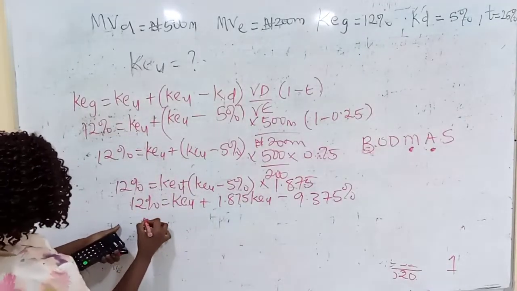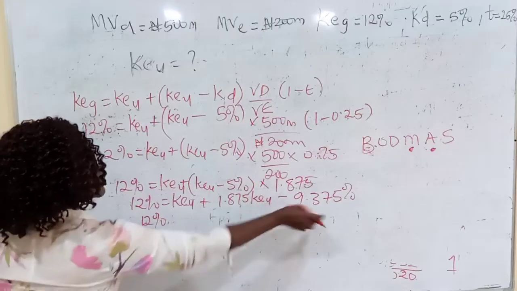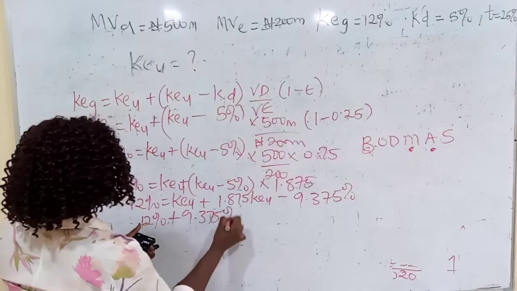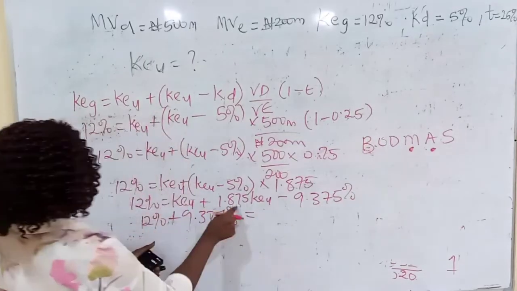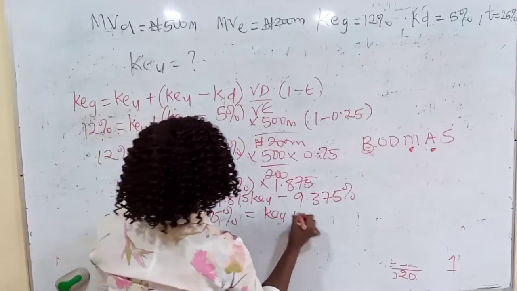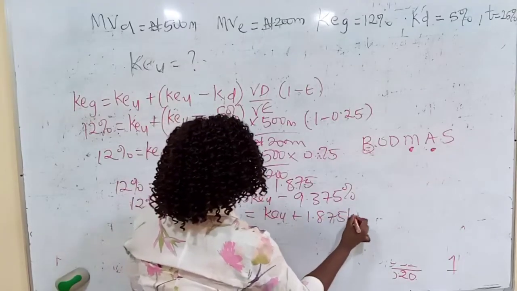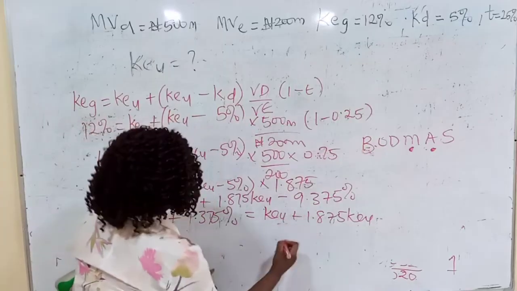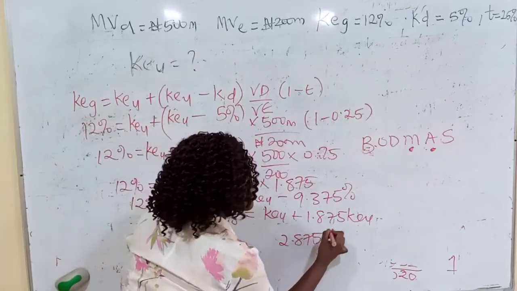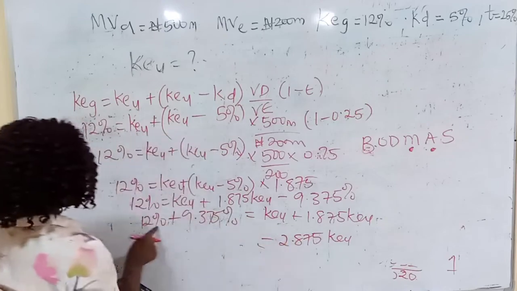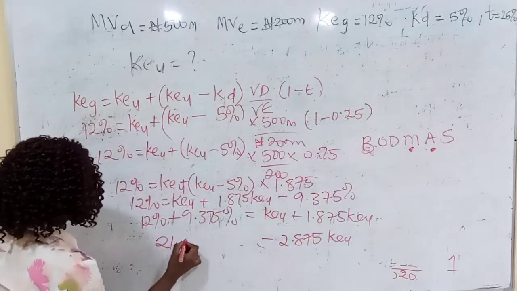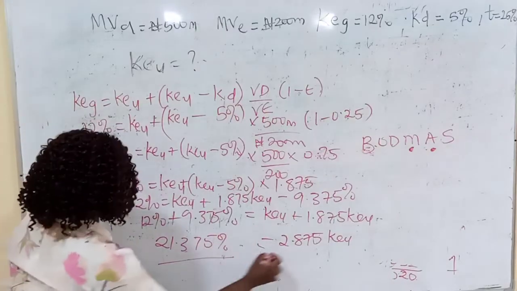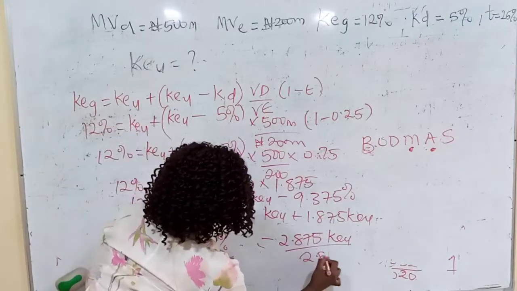So you have 12%, bring this one to this side, plus 9.375% equals this plus this, KEU plus 1.875 KEU. This one already gives you 1 KEU plus 1.875 KEU, that's 2.875 KEU equals 12 plus 9.375, which is 21.375%. So to get KEU, divide both sides by whatever is beside KEU, 2.875.